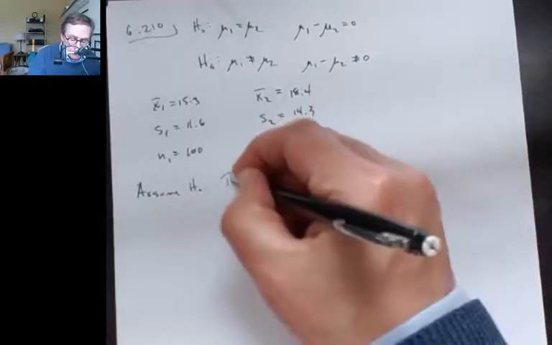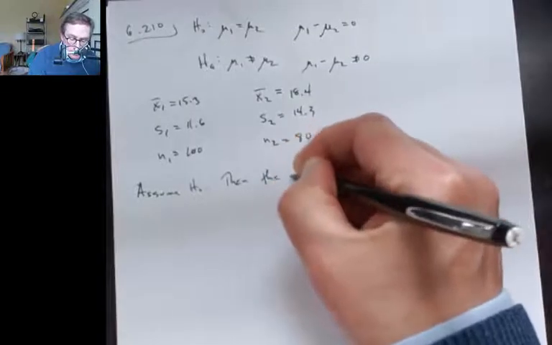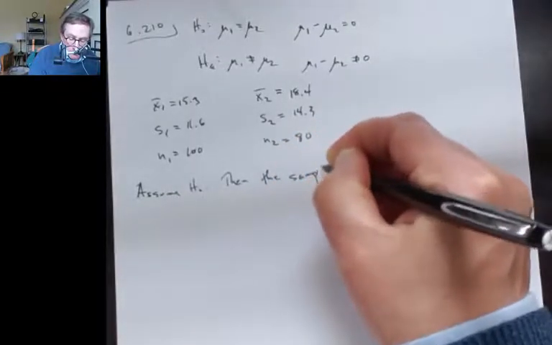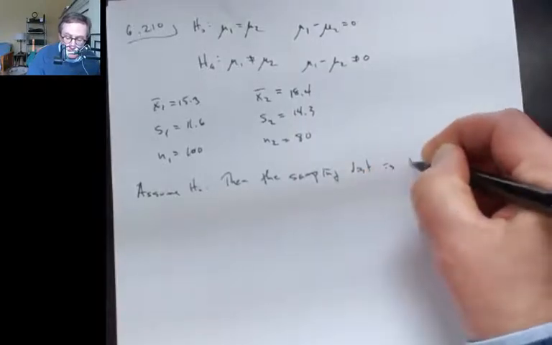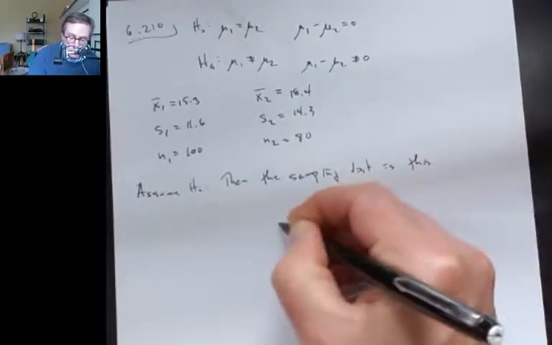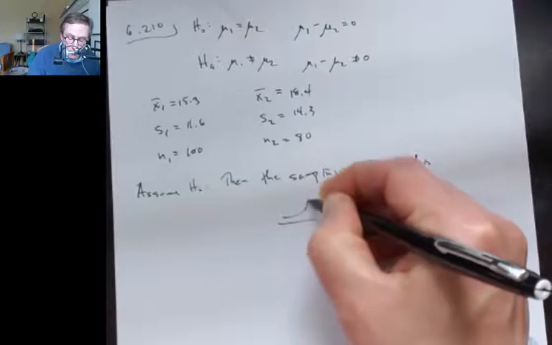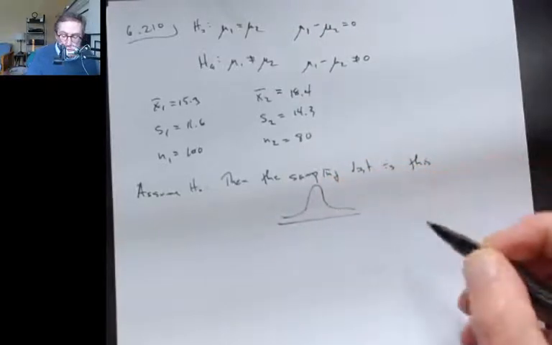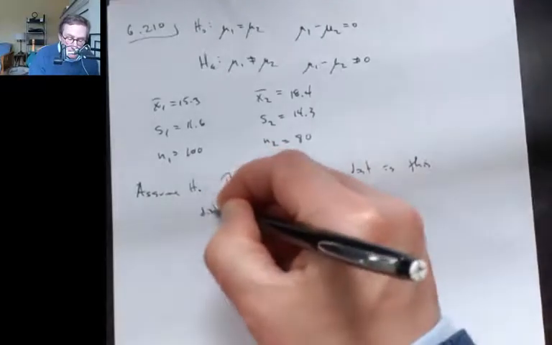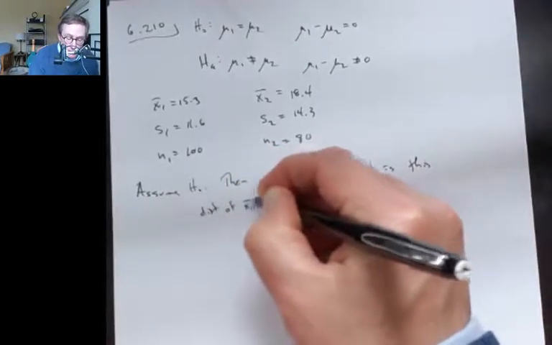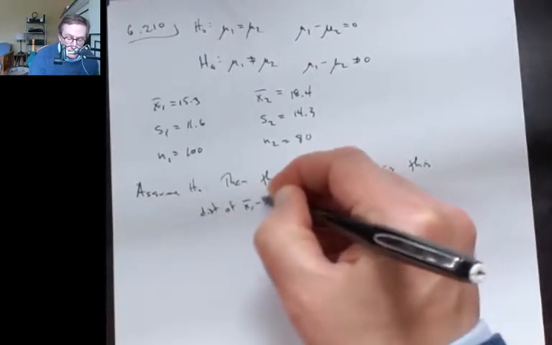Okay, then the sampling distribution is this. And it always looks the same because I'm not a very good drawer. This is the distribution of x1 bars minus x2 bars.